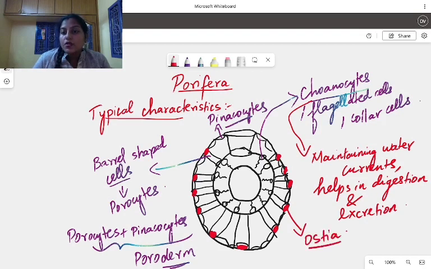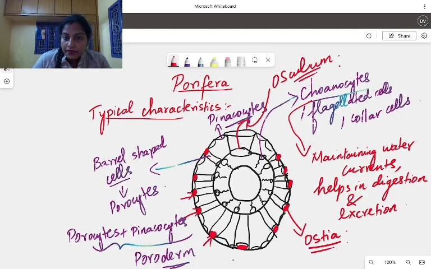And this main opening is called osculum. Basically the water enters through the ostia and exits through the osculum, and this center portion we call spongiocele.